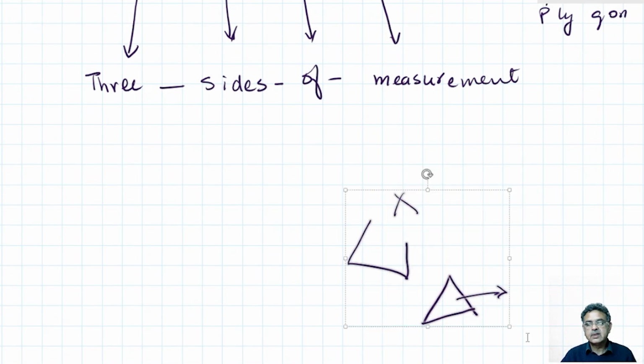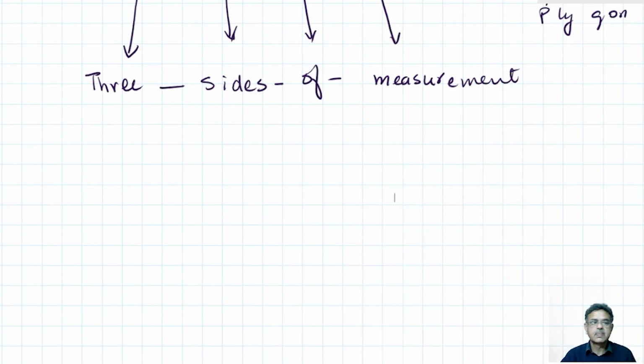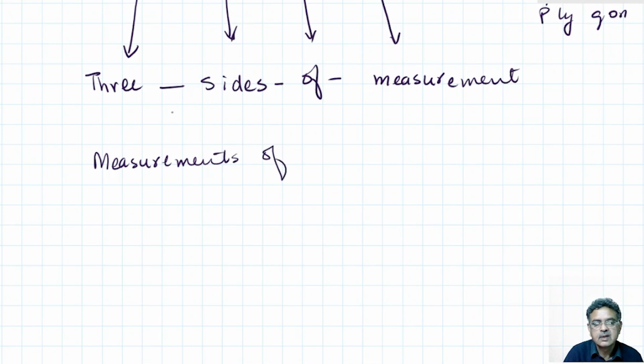Now if we rearrange these words and convert them to understandable words, this would be measurements of three-sided figures.